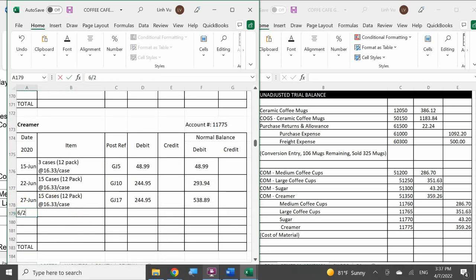And then we have to adjust my creamer. I used 22 cases, right? Therefore, how many cases should I have left? Let me see. I purchased 3, then bought 15, then bought 15, so a total of 33 cases.